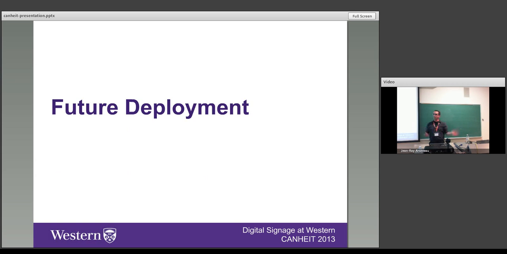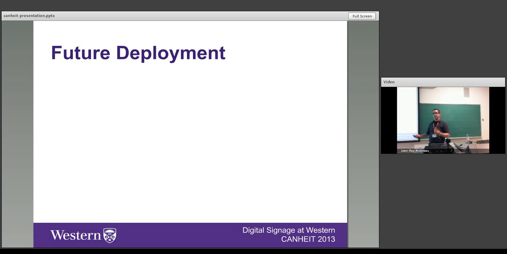There's still a couple of tweaks that we have to do to get it working properly. As well, we're going to add additional monitoring for the server using our Nagios product, so we can tell whether the web interface is up, whether the server's up, and whether people can actually talk to it. We're also looking at adding monitoring to our existing channel players.